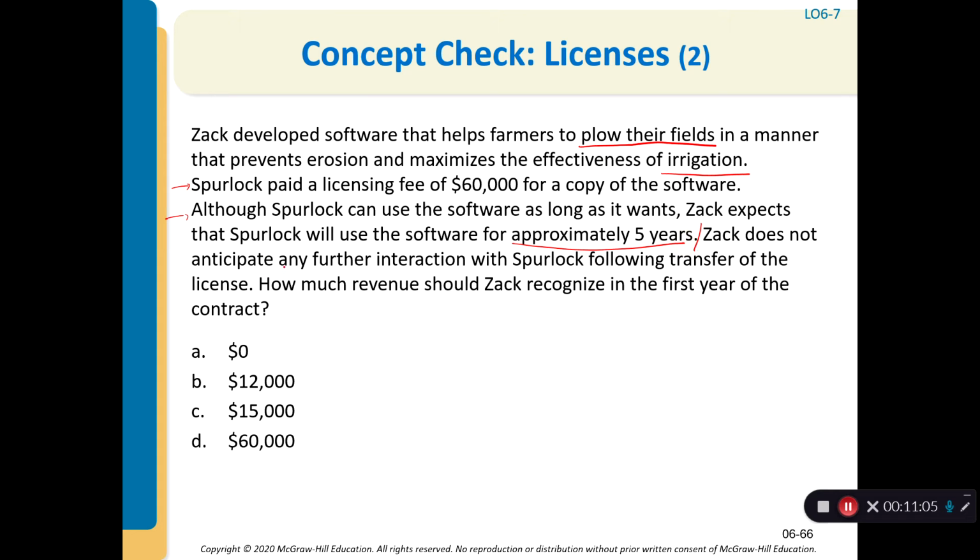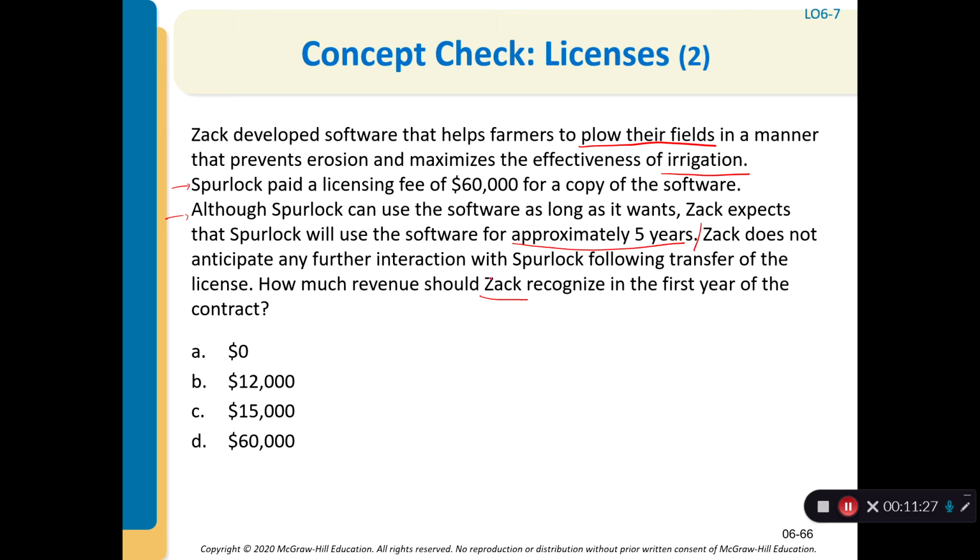Zach does not anticipate any further interaction with Sportlock following the transfer of the license. How much revenue should Zach recognize in the first year of the contract, right?